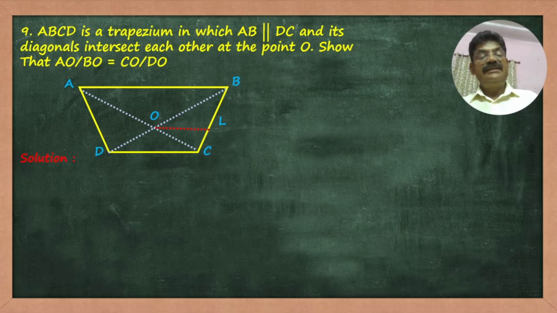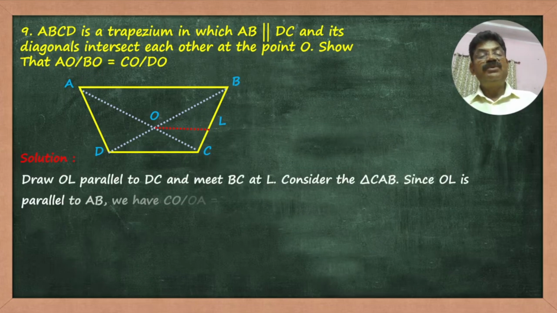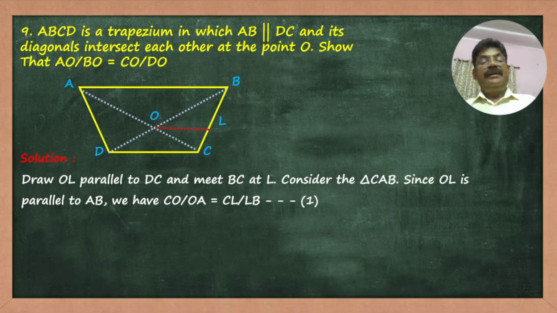To prove this result, from O, you draw a line OL to the side BC so that OL is parallel to DC. Now consider the triangle CAB. Since OL is parallel to AB, we have CO divided by OA is equal to CL divided by LB by theorem 6.1. You call this equation 1.